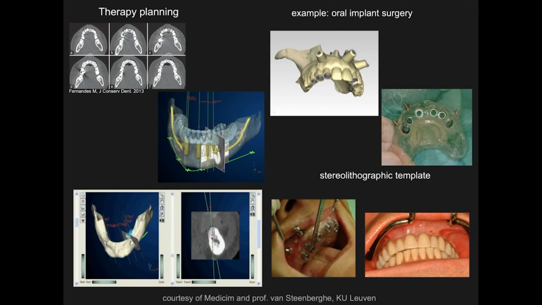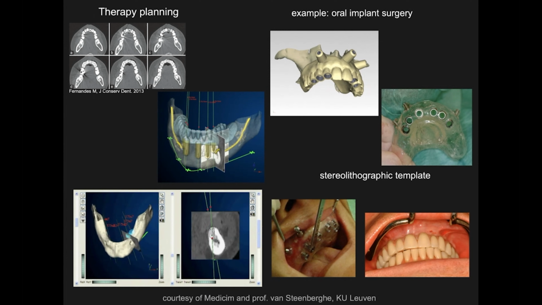From that, we can do a virtual planning of where to put the screws: which is the direction, which is the length of the screws, how do we avoid the nerve, for example. What you see is this yellow line on the middle 3D image, that's the nerve. Of course, we should not touch the nerve with the screws, because that's going to be very painful, or we lose innervation, which is also not good.